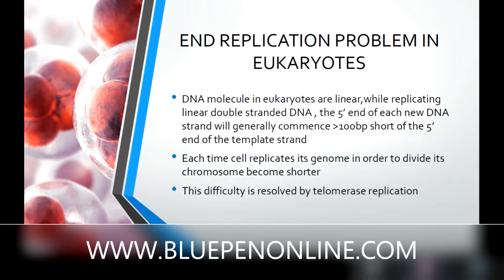At the end of replication, the length of the parent strand is different from the daughter strand. How it is different, and what happens when it is different, we will discuss later. This difficulty is resolved by a particular process known as telomerase replication.